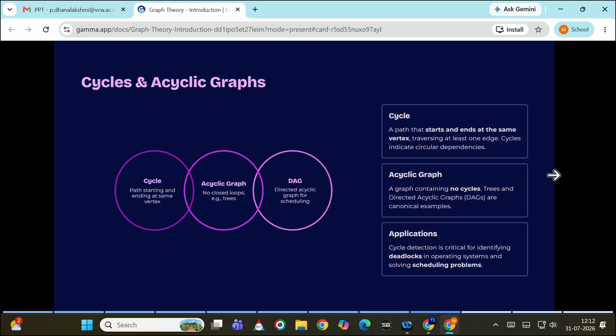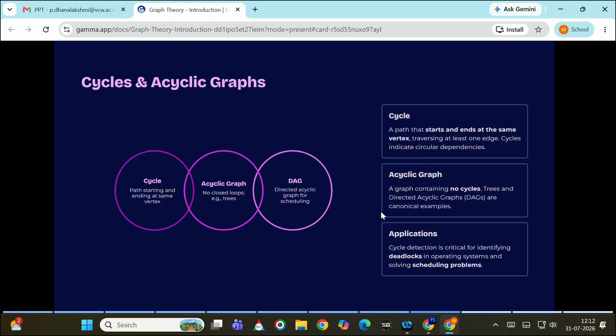Cyclic and acyclic graphs. Cyclic means a path starting and ending at the same vertex. A path that starts and ends at the same vertex, traversing at least one edge. Cycles indicate circular dependence. Acyclic graph, no closed loops. Example, tree.